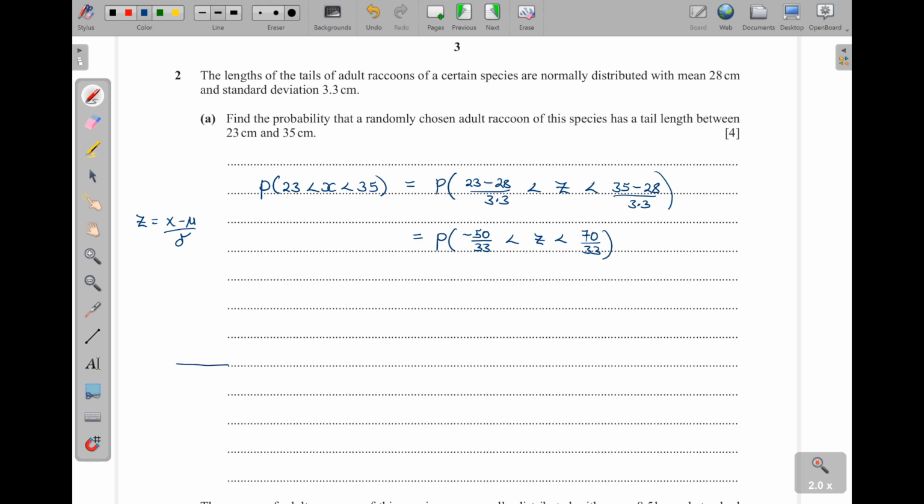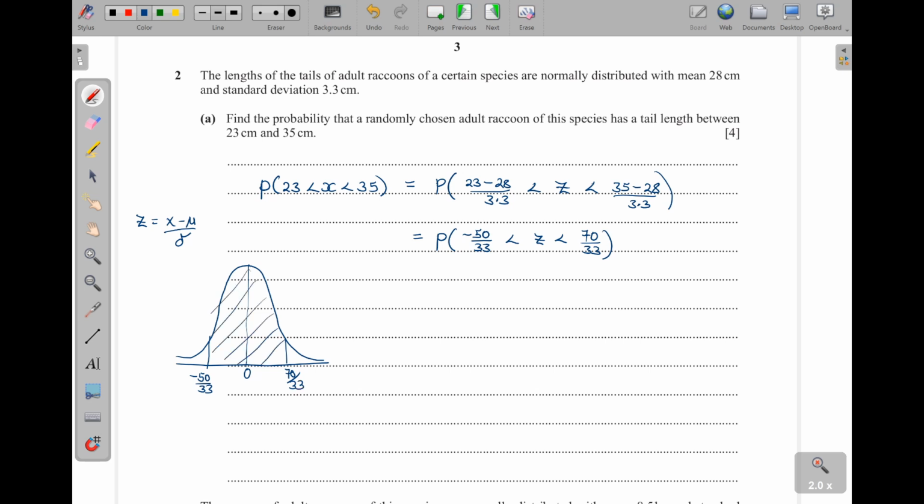Now, I can draw my bell-shaped curve here. The negative is this side. Remember, for the standardized normal distribution, the mean is 0. And then here we are going to have negative 50 over 33, which is this side, and then the 70 over 33, the positive one this side.